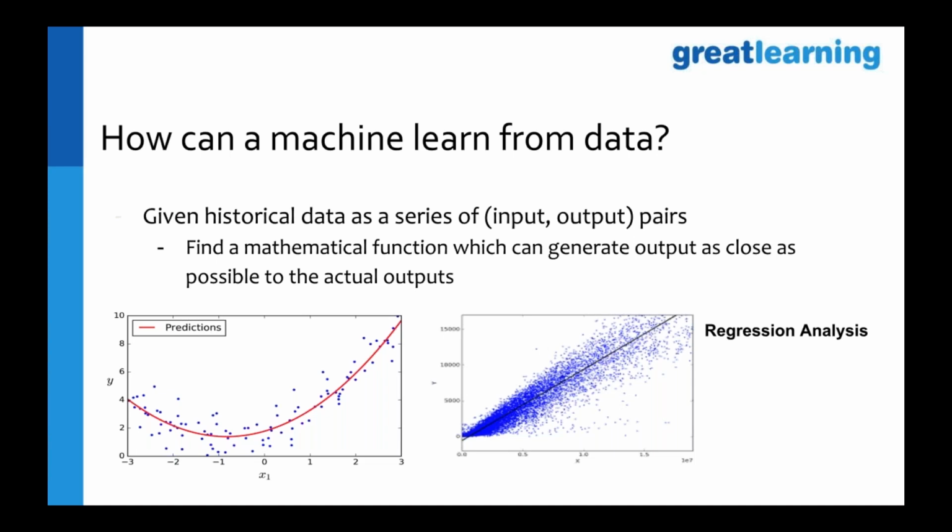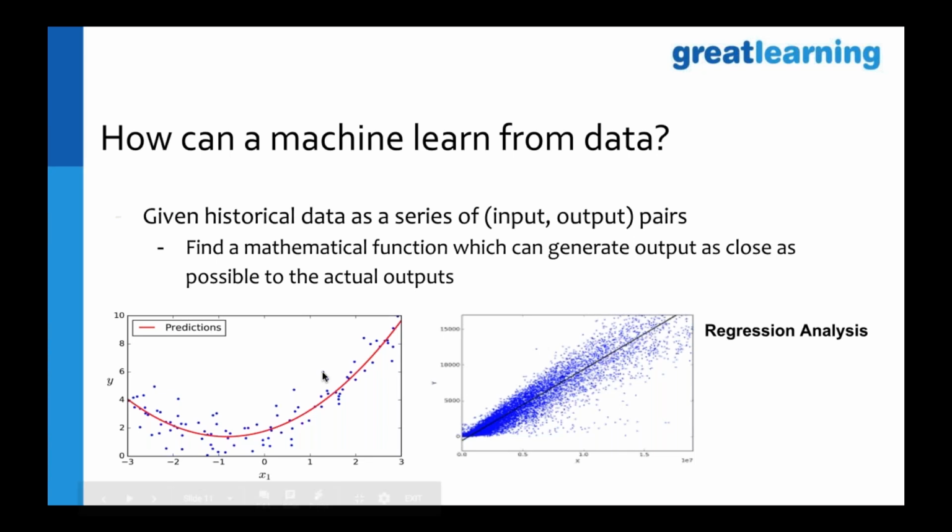Now, based on that, given that the machine's core strength is crunching numbers and mathematical computations, it can come up with a formula, a mathematical function, f of x equal to y, right? For all the input output pairs you have given it, the output that function generates is as close as possible to the real output for that input, right?